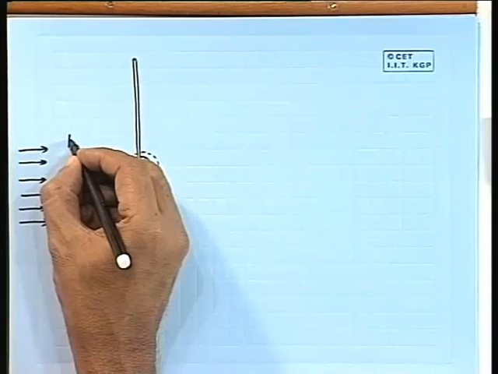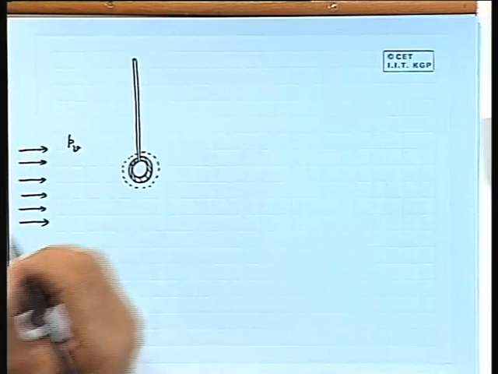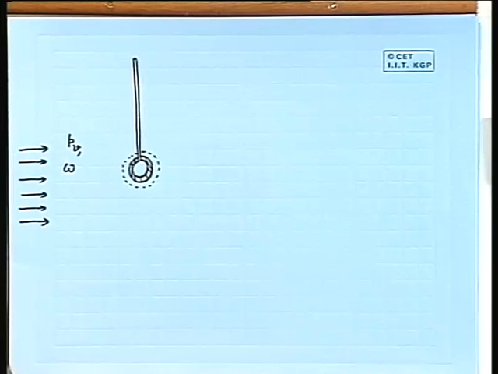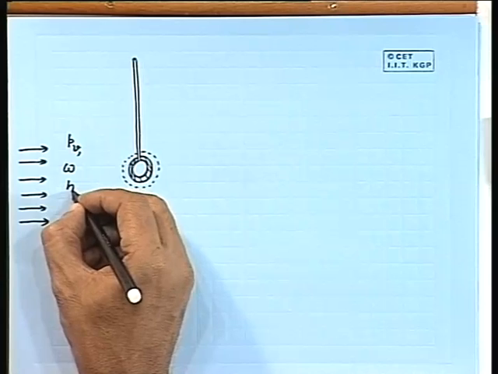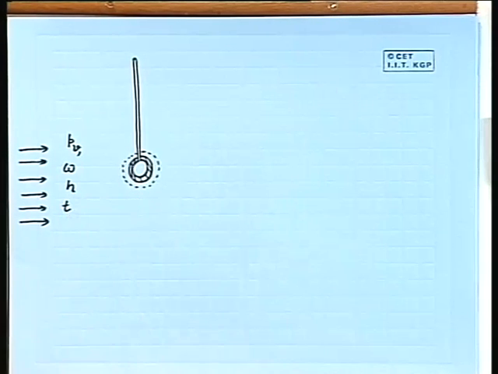Now, what we can write: let us say the properties of air are Pv, the vapor pressure in the air, then omega, the humidity ratio of air, h, the enthalpy of air, and obviously T is the temperature of air.